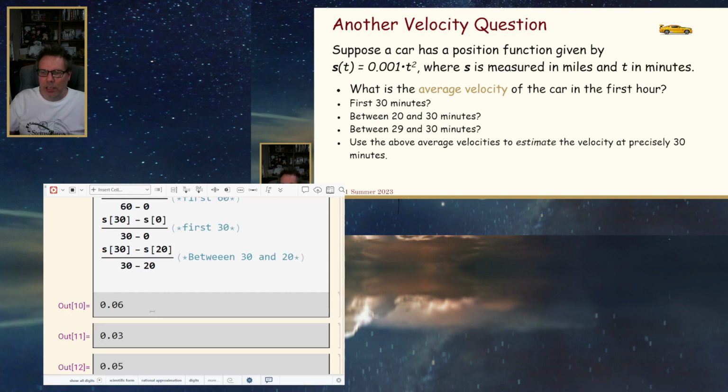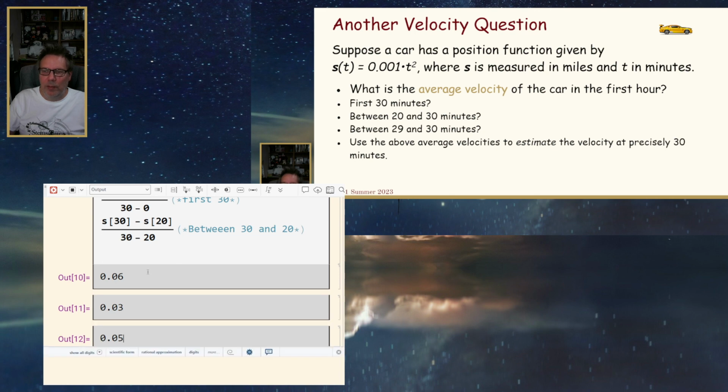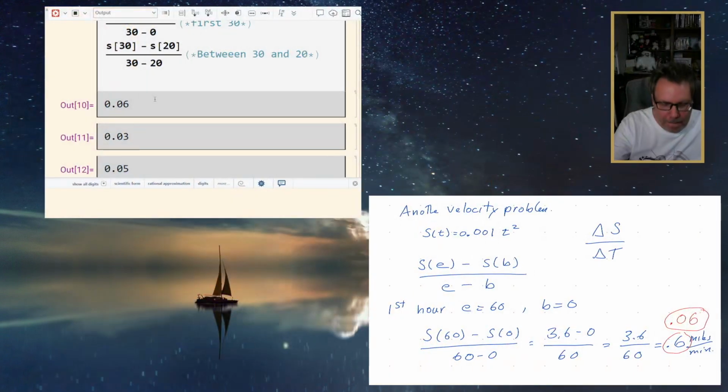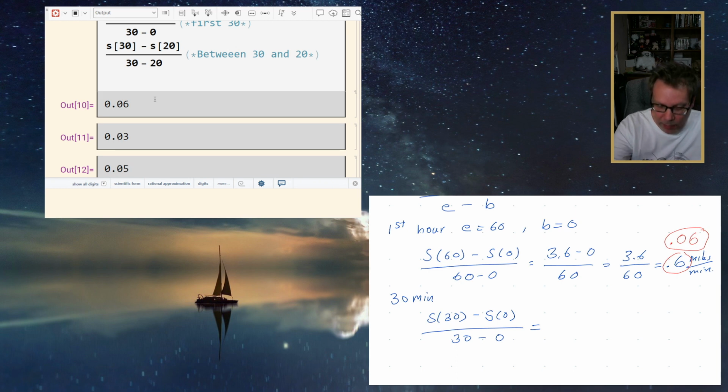Now what happens, I wind up getting 3 different numbers, and they all come from these different pieces. So let's try to write this down over here. For the first 30 minutes, we want the ending time of 30, beginning time of 0, and this is equal to, looking at my Mathematica, 0.03 miles per minute.